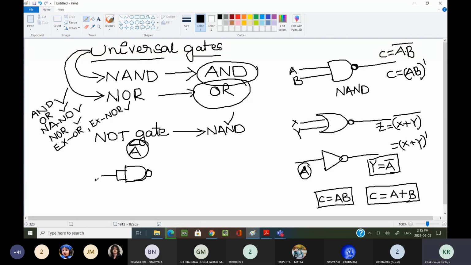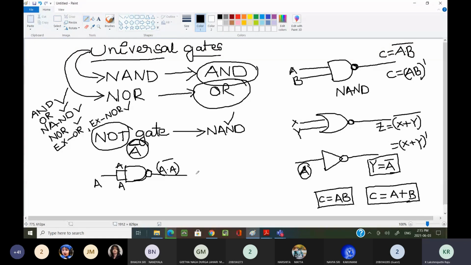What I am giving as input is A, because now we are designing the NOT gate by using the NAND gate. The one input becomes A and A, divided into two inputs. Now you are going to get the output as A dot A whole complement.